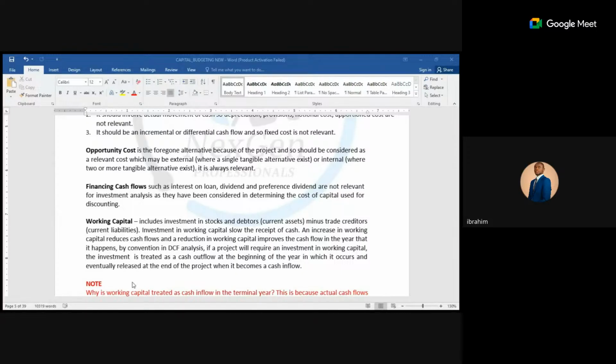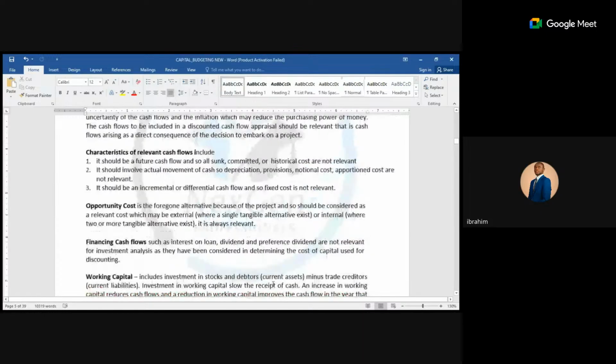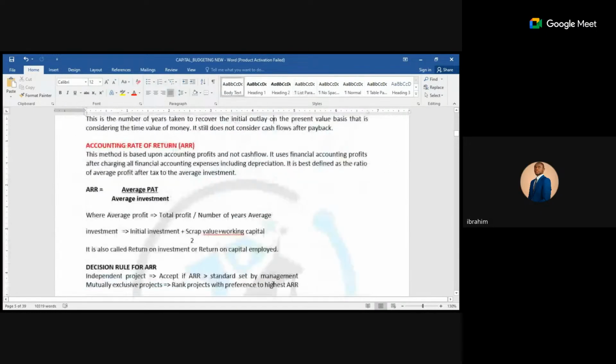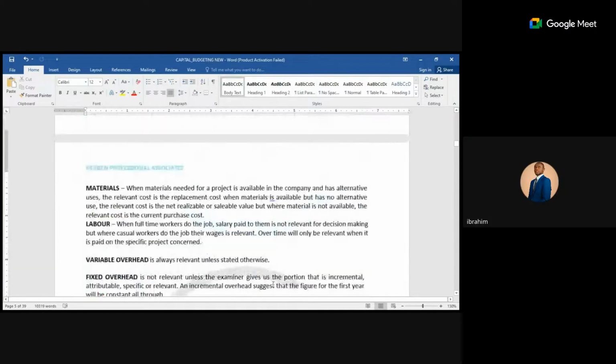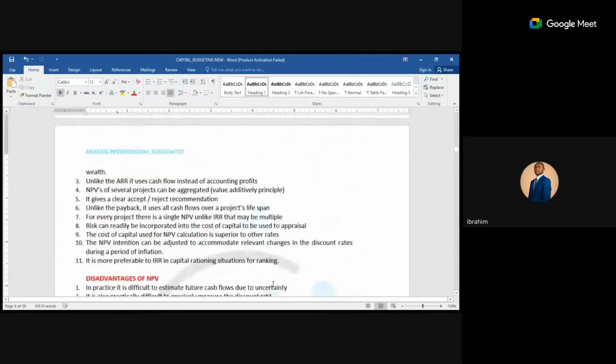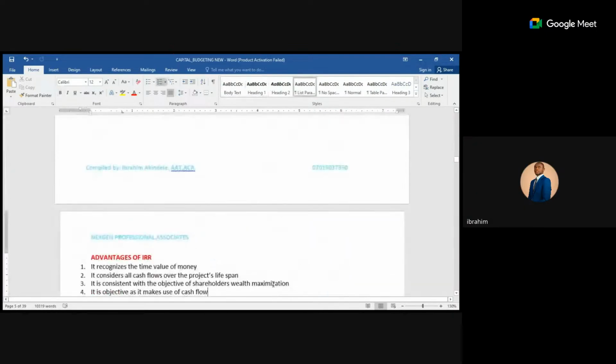Then I equally explained further that sometimes the question will say determine the modified internal rate of return. It is when you are not satisfied with the internal rate of return that you now calculate the modified internal rate of return, right?